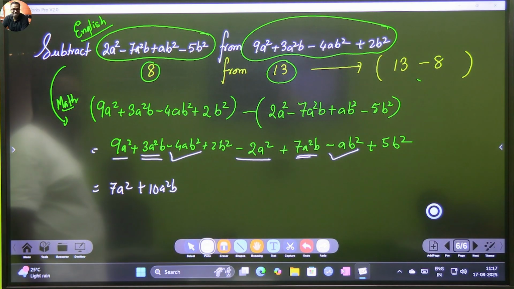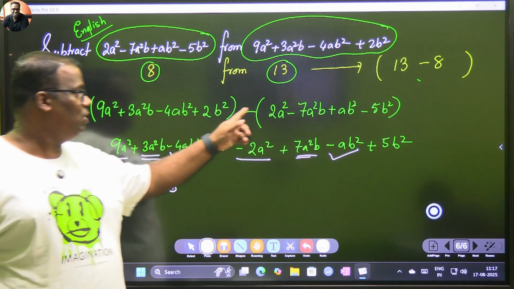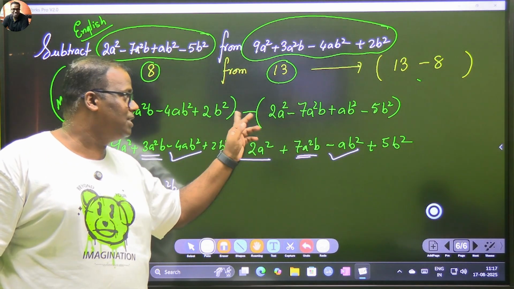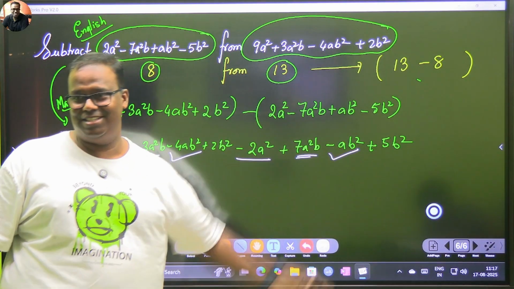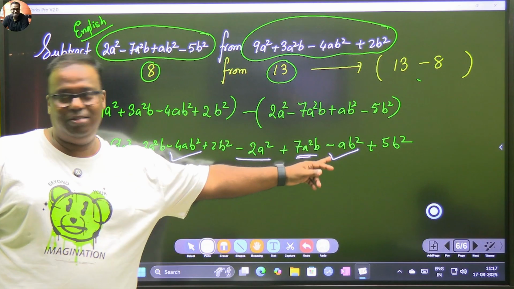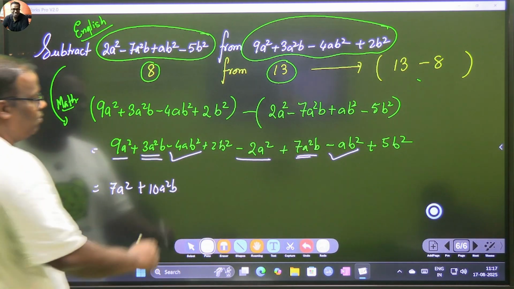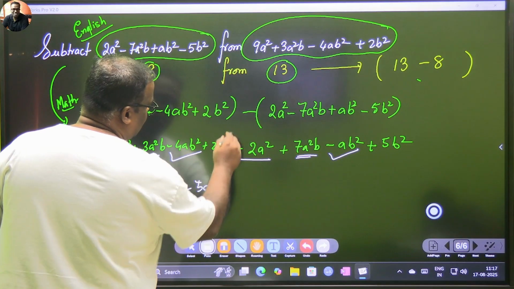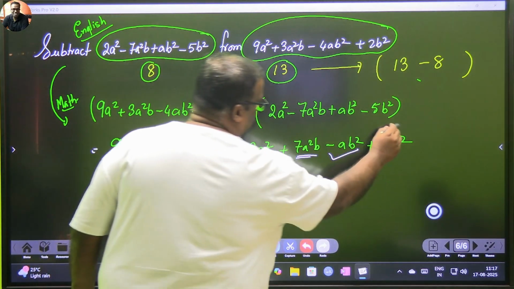This minus will go and hit the bracket, na? Minus, plus, minus, plus. So now 4ab square and minus ab square become 3ab square. Minus and minus is minus, so minus 5b square. And then these terms are remaining.